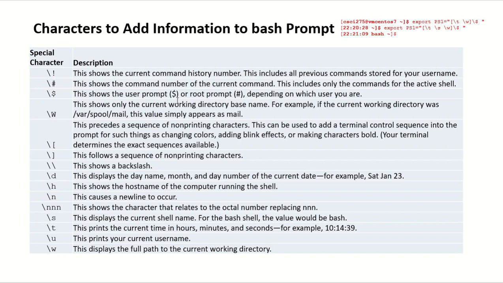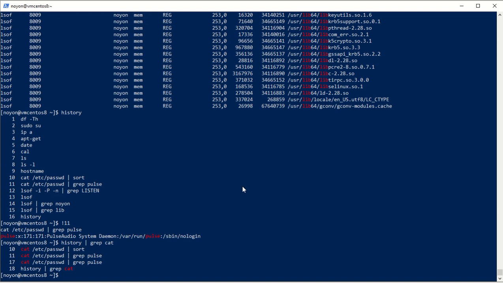At the top right hand corner, I have a mini example, and I can quickly demonstrate. Okay, so let's run this. But before I do that, let's look at my current prompt. What I'm seeing here is my username at the system. So we're going to change that.